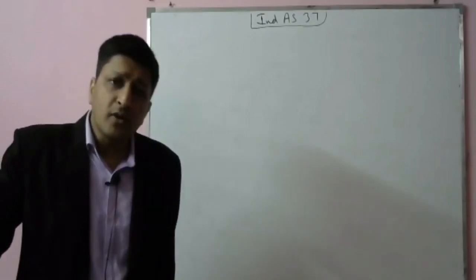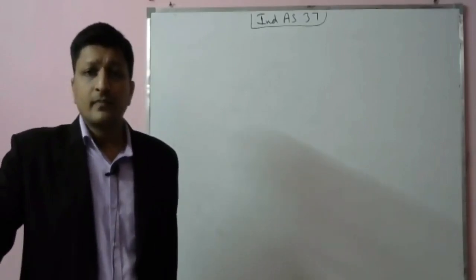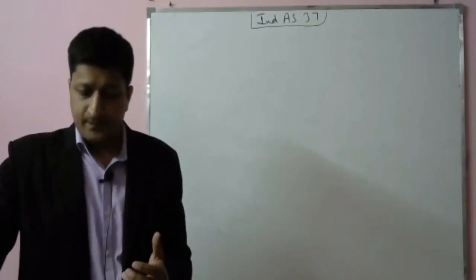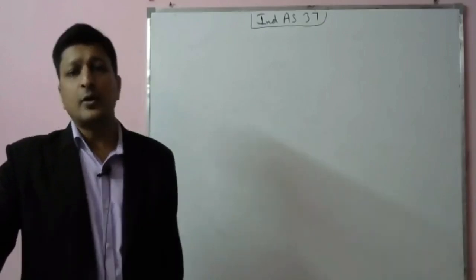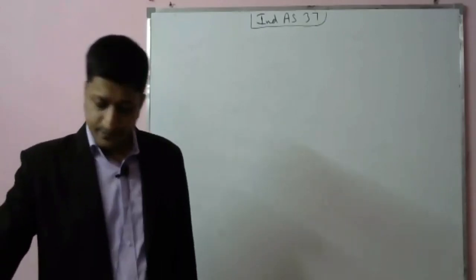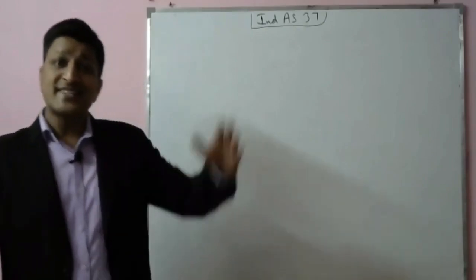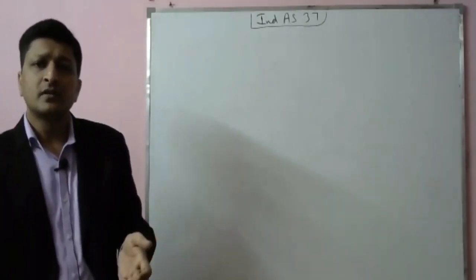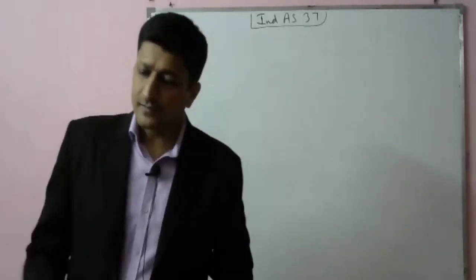If we talk about a warranty provision, in case of warranty, we discussed that a provision will be required to be created. Correct? But what is that past event which will result in a warranty provision? Sale of goods.